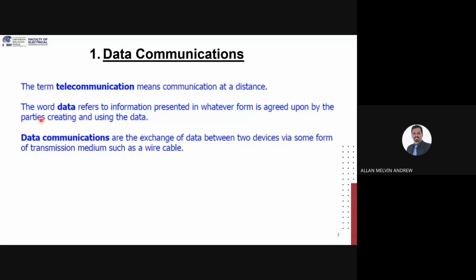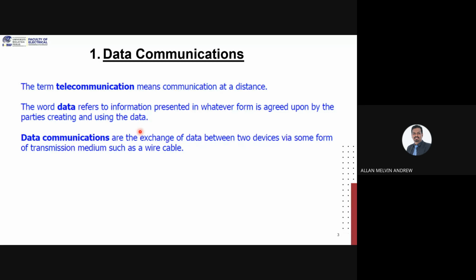Another word that is always familiar to us is the word data. What does data mean? It refers to information presented in whatever form is agreed upon by the parties creating and using the data. Meaning the data is available, and the parties involved, either the sender or the receiver, must agree, and it must be understandable to both of them. We cannot simply send something that we ourselves don't understand.